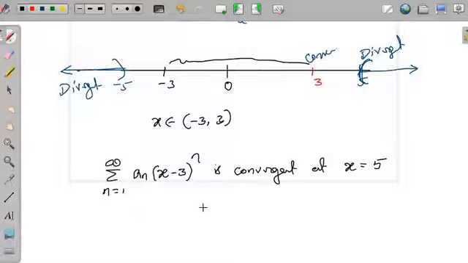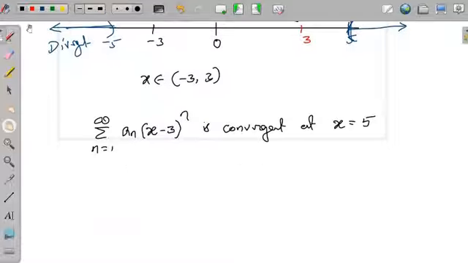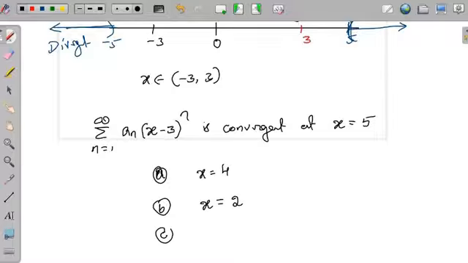So now, what can you say at these points? Let's say the first point I'm taking is at x equal to 4. What can you say at x equal to 2? And at x equal to 6? And at x equal to, let's say, 1? Tell me.